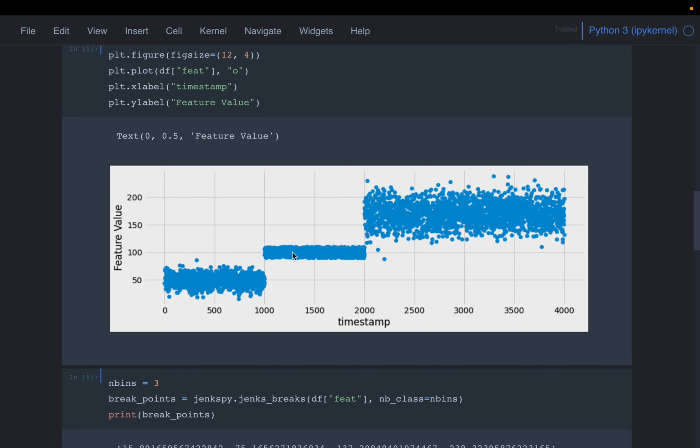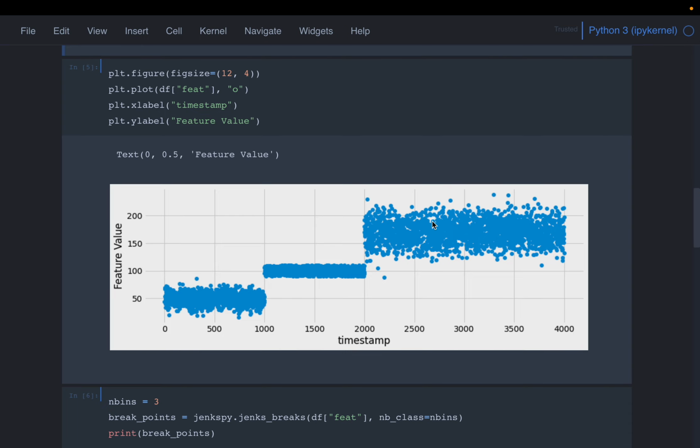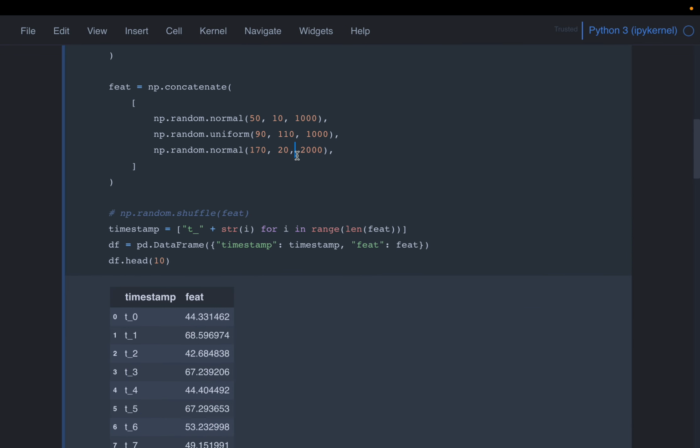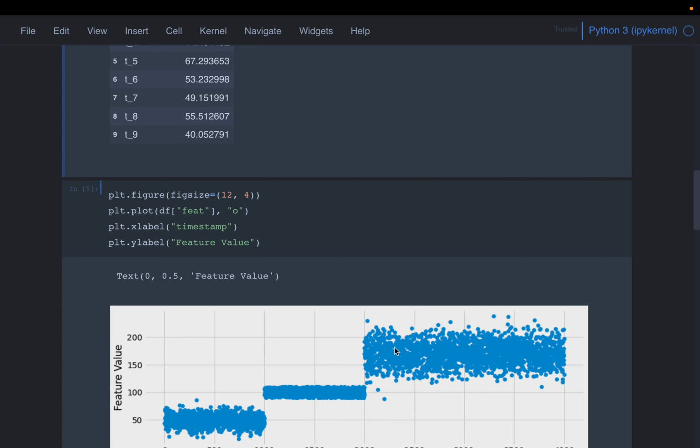Here we have an equal spread. And the final one has more data points, double the data points, also a higher standard deviation of 20 with a mean of 170.